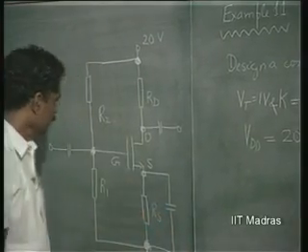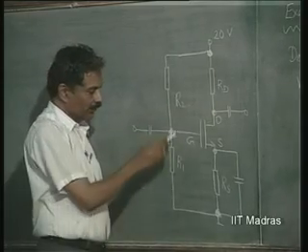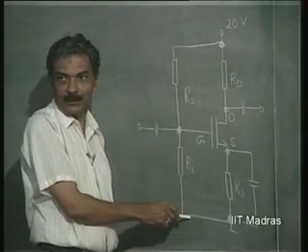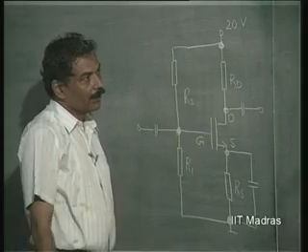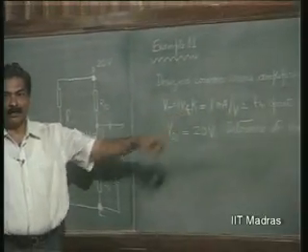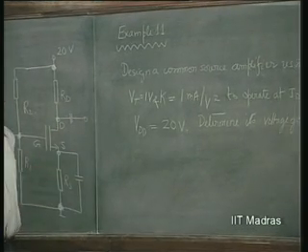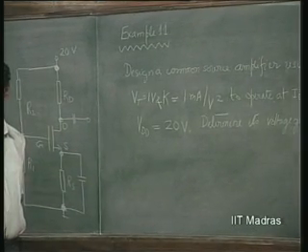We know that we are going to use this VDD of 20 volts in order to derive whatever VGSQ is required for this. It is required to operate this at a current of 1 milliampere, and K is 1 milliampere per volt square.